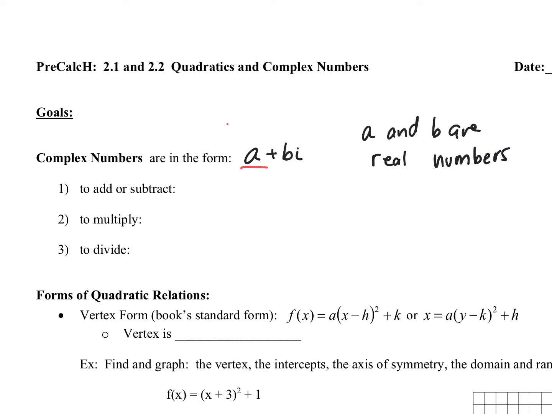A is the real component, and B is the imaginary component. If I want to add or subtract complex numbers, I combine like terms. And if I want to multiply, I distribute and simplify.